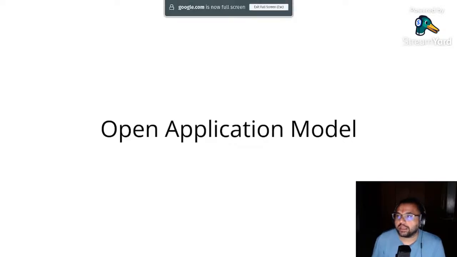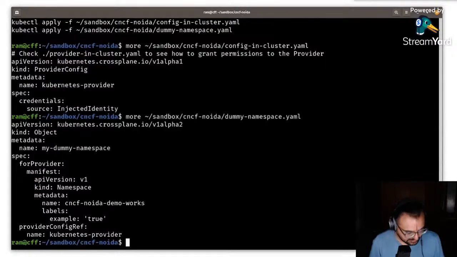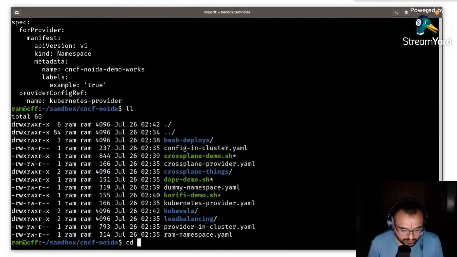Now, the OAM, or Open Application Model, for KubeVela dictates how you want an application designed and defined in order for you to be able to deploy it and maintain it better. So they advocate designing applications in a particular way and things like that, and maybe there's some things to show here.